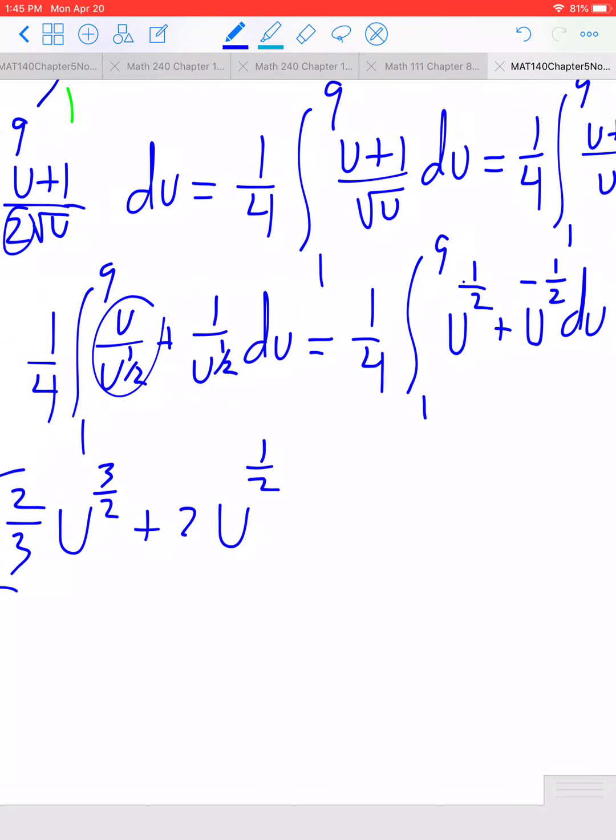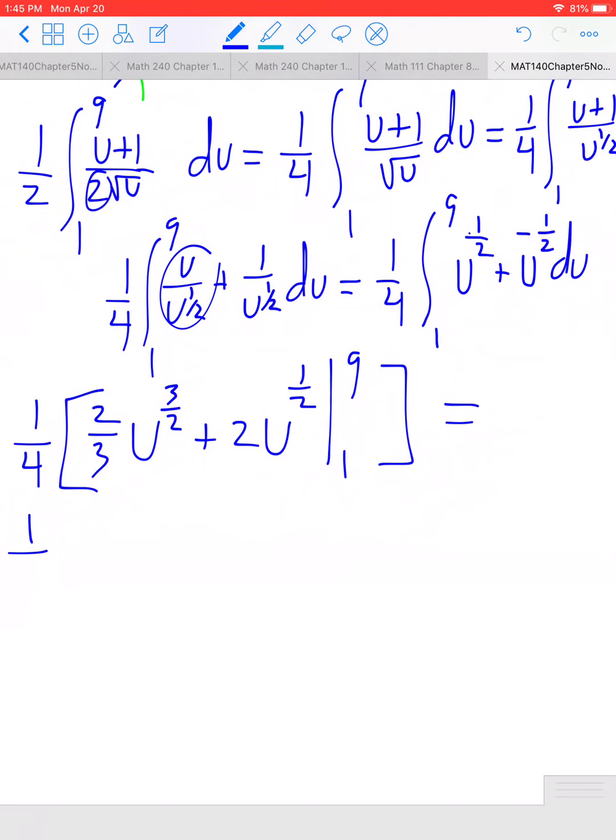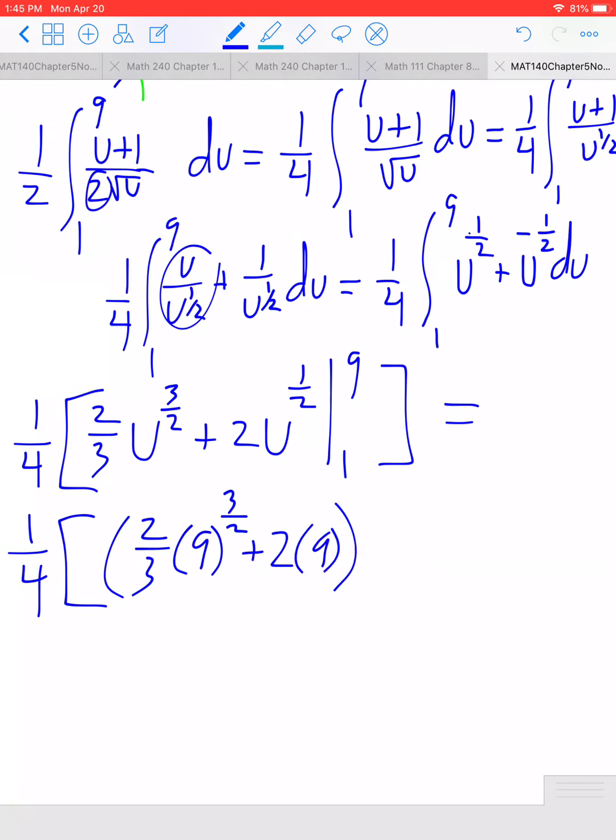Dividing by 1/2 is the same thing as multiplying by 2. And this is evaluated from 1 to 9. We have 1/4 times, substitute in the upper limit of integration, upper bound, into the antiderivative. Subtract the antiderivative evaluated at the lower bound.